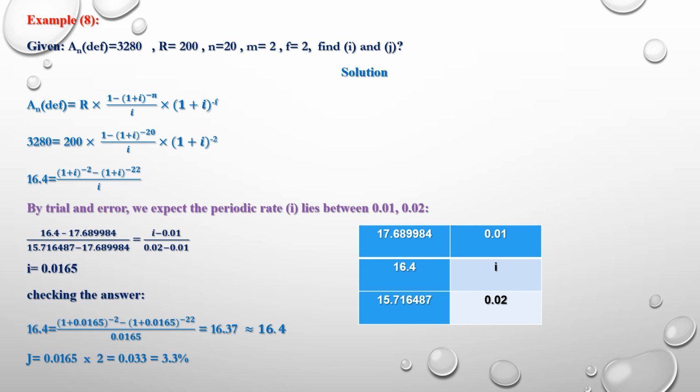Example: given A N deferred and R, N, M, F, find I and J. So in this example, he's already giving you the present value, but for a deferred ordinary annuity.